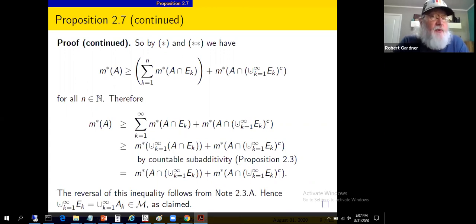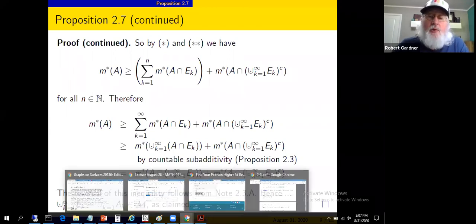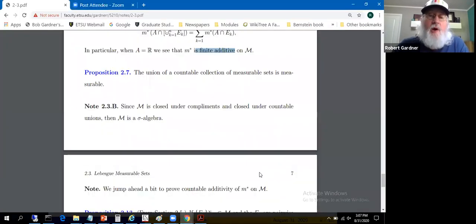We've shown calligraphy M is closed under countable unions. We've shown, as commented, finally, calligraphy M is a sigma algebra. It's the sigma algebra of Lebesgue measurable sets, thus the name of this section.